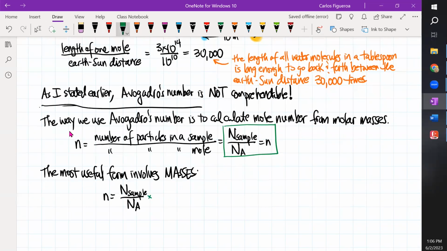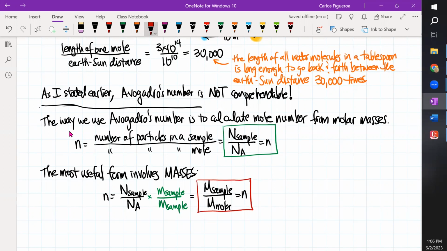But now if we multiply this by the mass of the sample divided by the mass of the sample, you can see I'm not changing this whatsoever. This gives you the mass of the sample divided by the molar mass, and this gives you the mole number right here. This is by far the most efficient way. In problem solving, you'll find that the mass is usually given in problems.